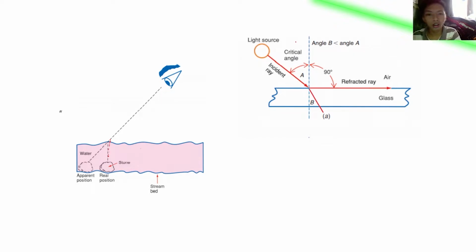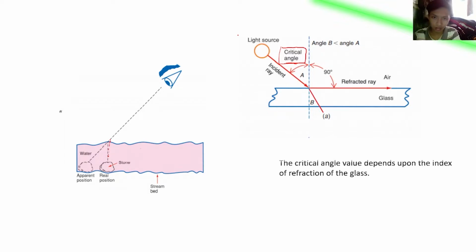Okay, so pay attention to this graph. Okay, and as can be seen here, it has two different materials, which makes the refraction possible. So pay attention to this critical angle, because this will be critical and important in our discussion. Okay, so the critical angle value depends upon the index of refraction of the glass.